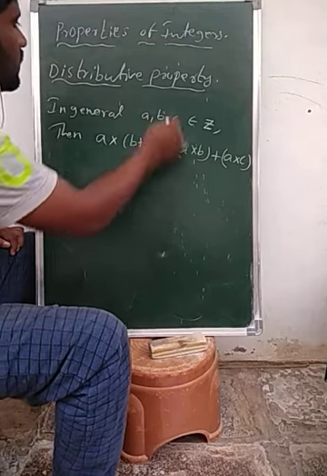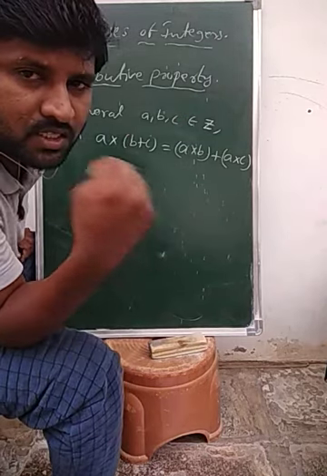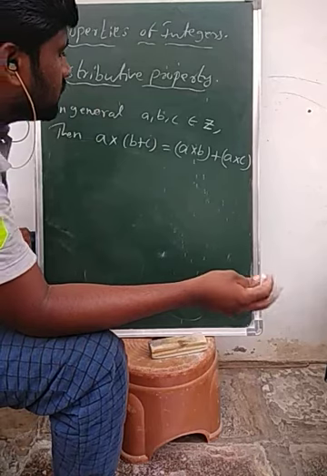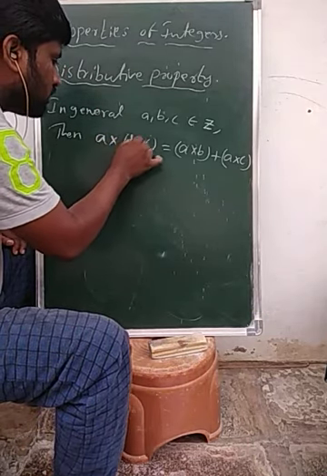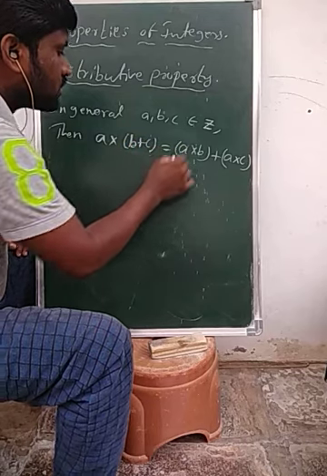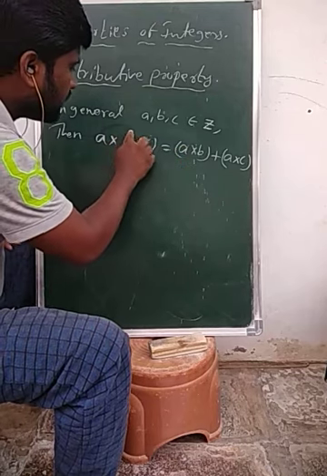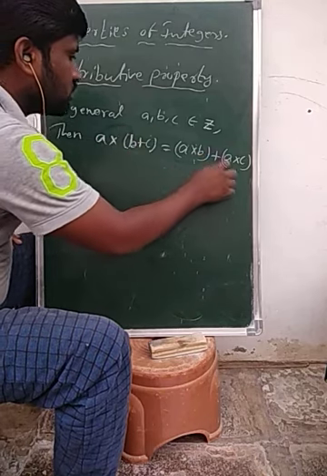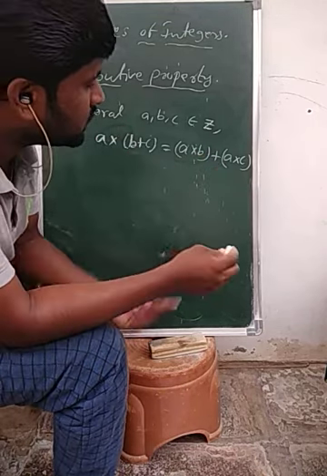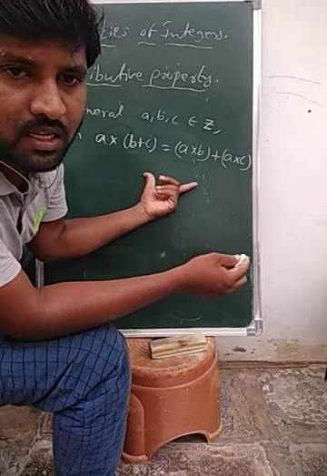For the distributive property, you consider any three integers. So a into bracket of (b plus c) is equal to a into b, middle sign is plus, again a into c. I am going to explain this by taking an example.